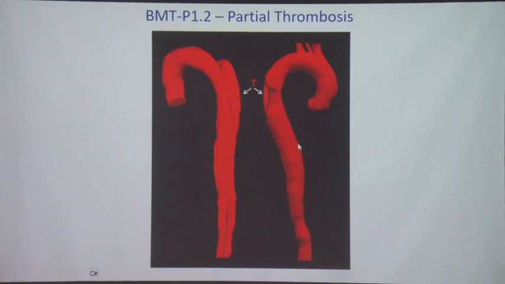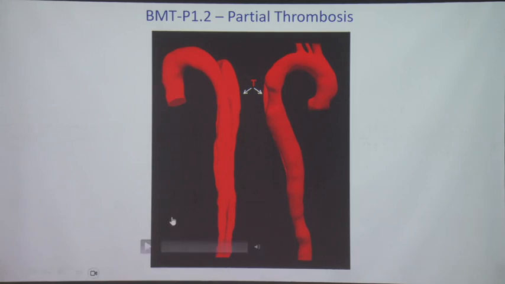If you just pay attention to this part, on the right, this is the actual geometry based on the CT scans, and the left is the simulated geometry, and you can see how this dent on the surface is actually formed because of the thrombus formation. It happens quite slowly, I think.